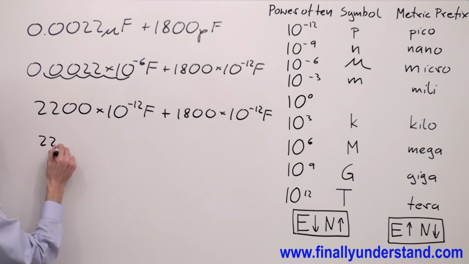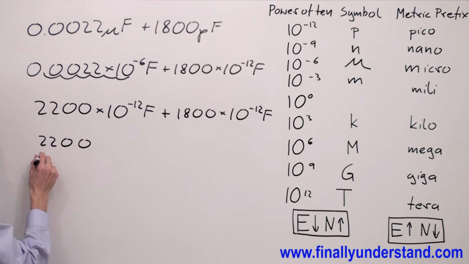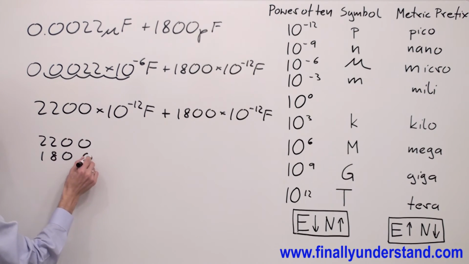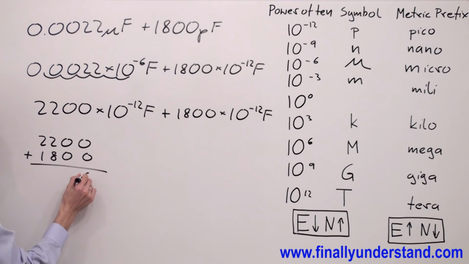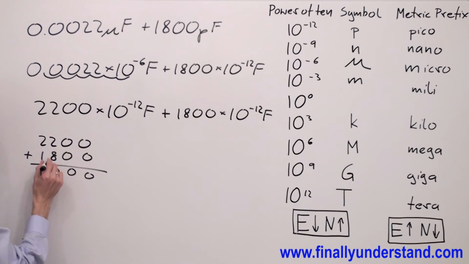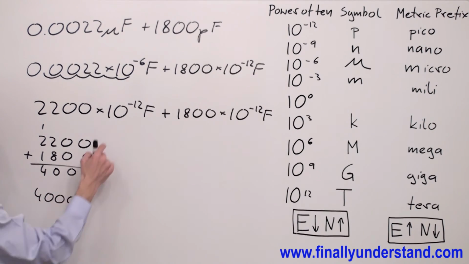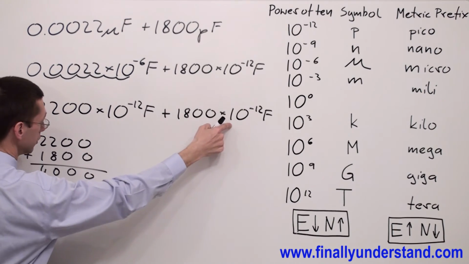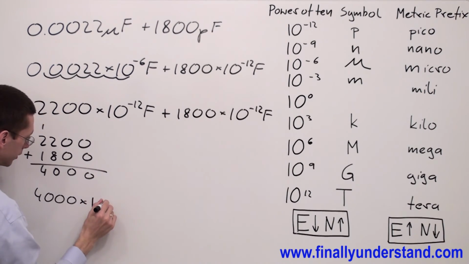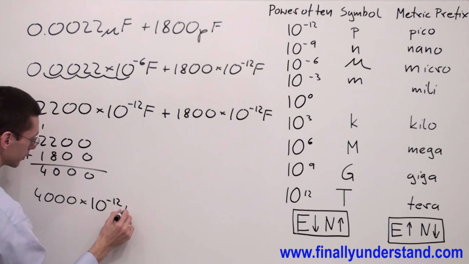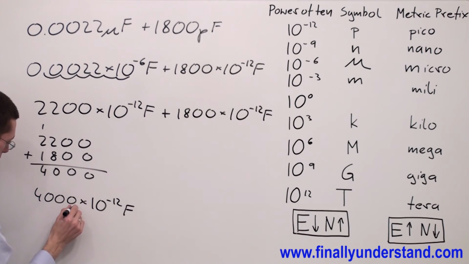So I have 2200 and I have 1800. Add them up. This is 4,000. I have 4,000 times common power of 10 farads.